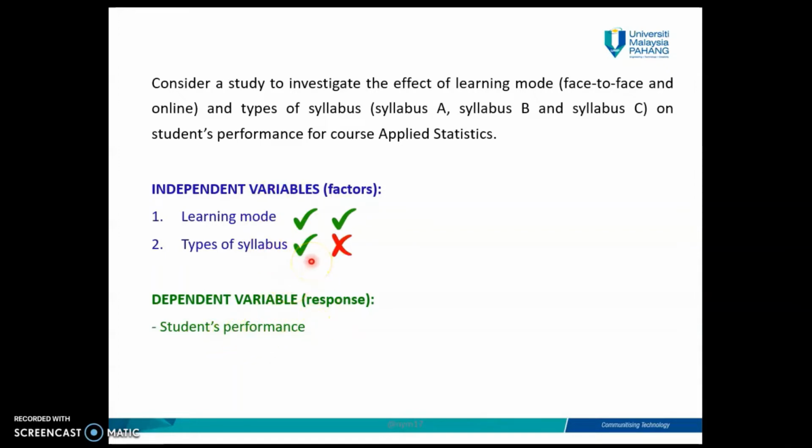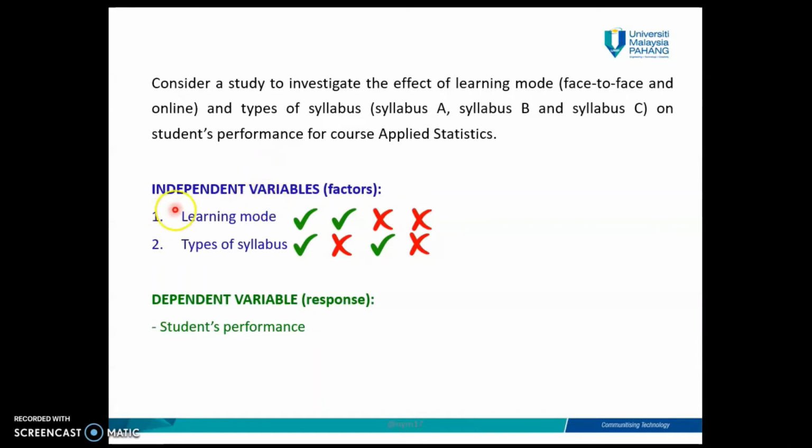Or maybe only learning mode affects it, and the type of syllabus does not. Or maybe only the type of syllabus affects the student's performance. Or maybe none of these 2 factors actually affects the student's performance. So when you have 2 factors, you will have these several possible outcomes.